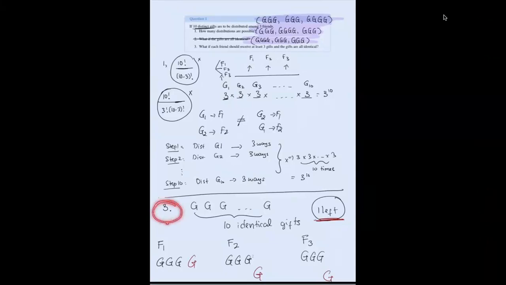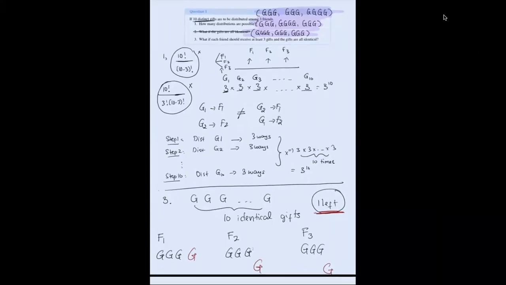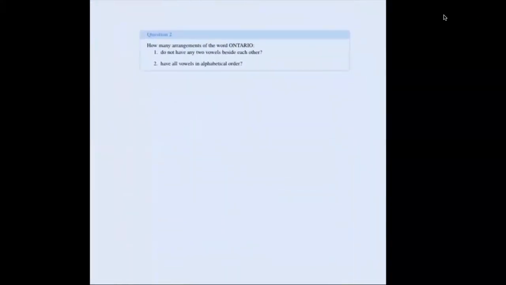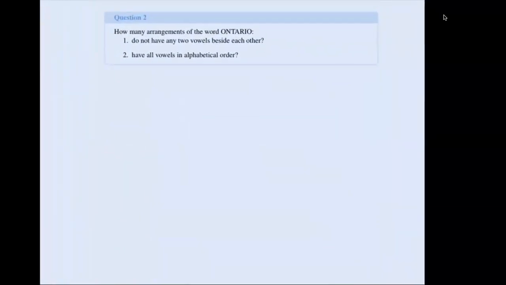And part 3 is to get you familiar with questions that have a minimum number of objects in each group. You just give each group the minimum amount first and then deal with the remaining objects later. If there is no question, I will let you work on question 2.